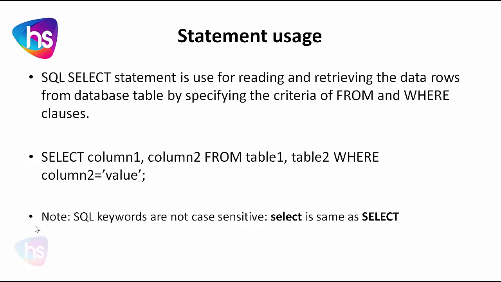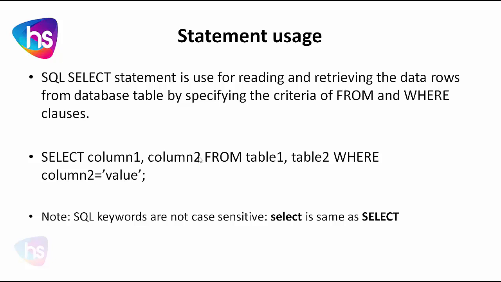Like see here, SELECT column 1, column 2, or n number of columns which are required from the table. Instead of using column 1, column 2 or the names of the columns, you can simply specify a star, an asterisk: SELECT star FROM table.